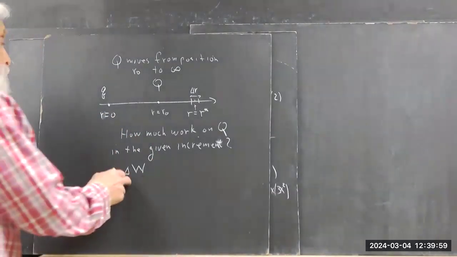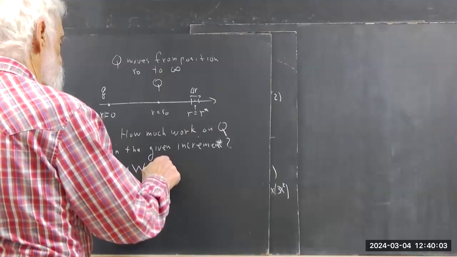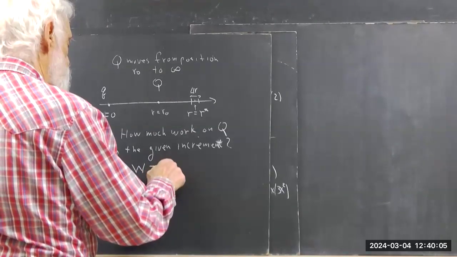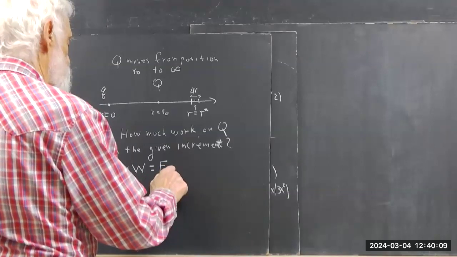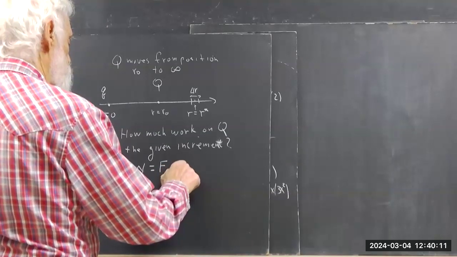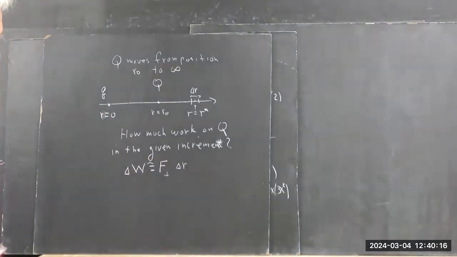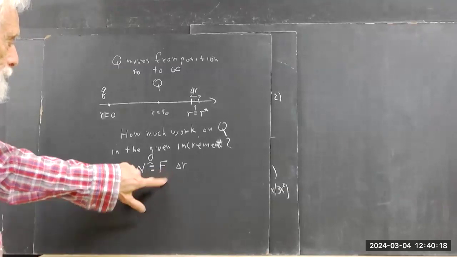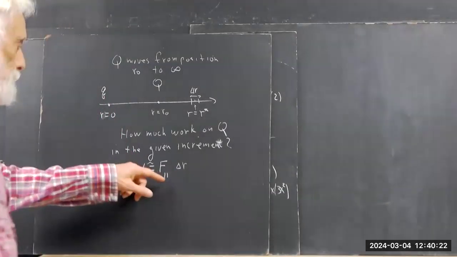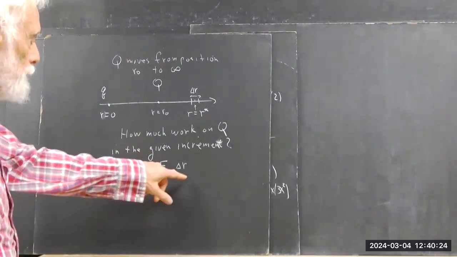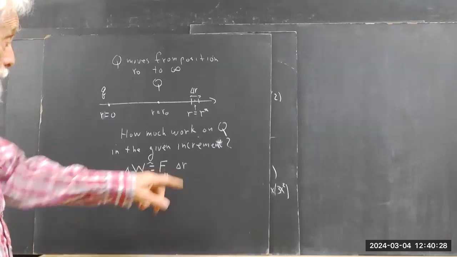But the amount of work done is approximately equal to the force parallel to our path times our delta R.